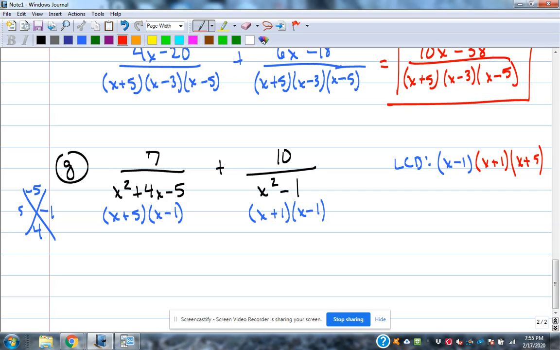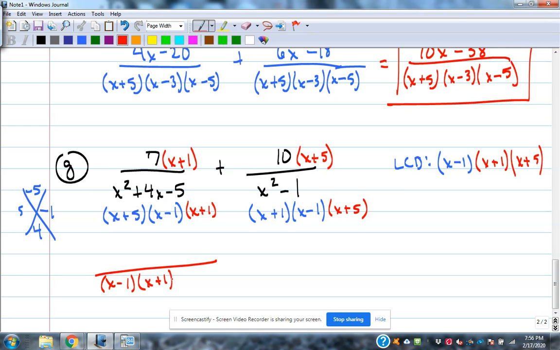Then I go and fix the fractions. So what does the first fraction need? Multiplied by x plus 1. The second fraction needs to be multiplied by x plus 5. Good job. So the denominators, x minus 1, x plus 1, x plus 5.